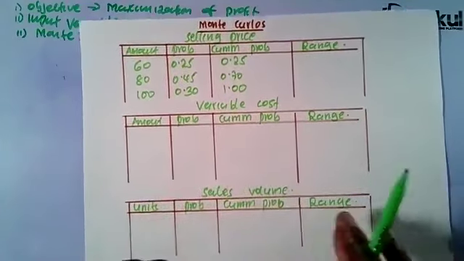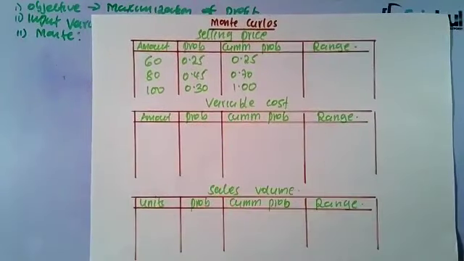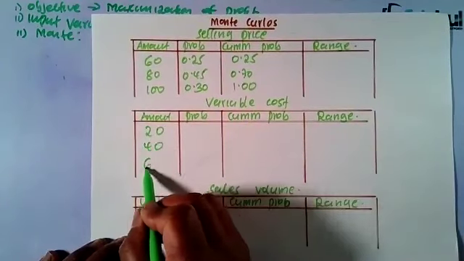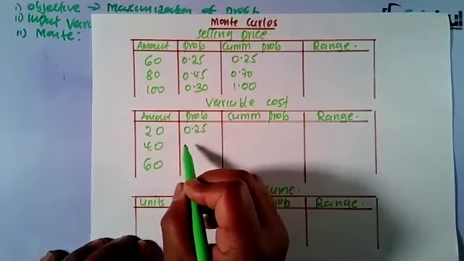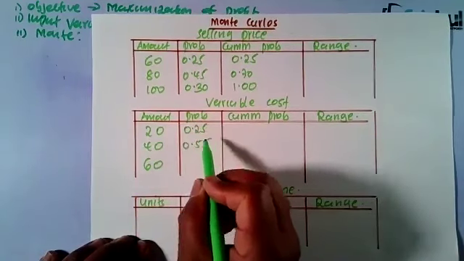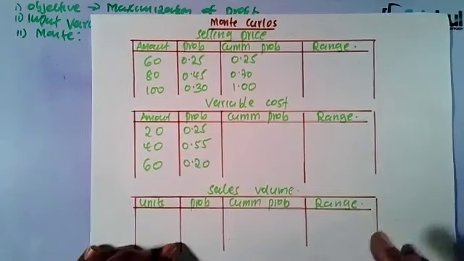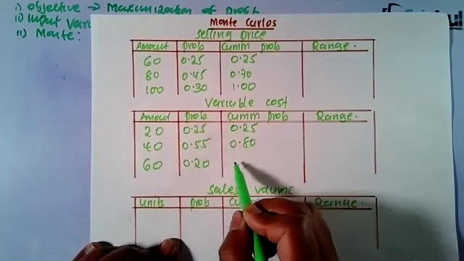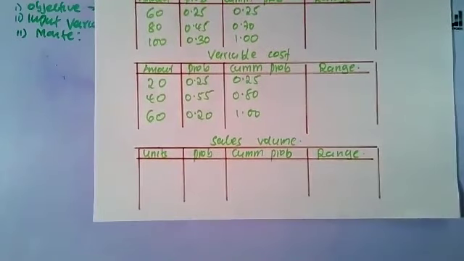Then to the variable cost. Now for the variable cost, you are given 20 shillings, 40, and 60. Probability you are given 0.25, 0.55, and 0.20. Then you can accumulate: 0.25, 0.80, 1.00. Do the same for the sales volume.